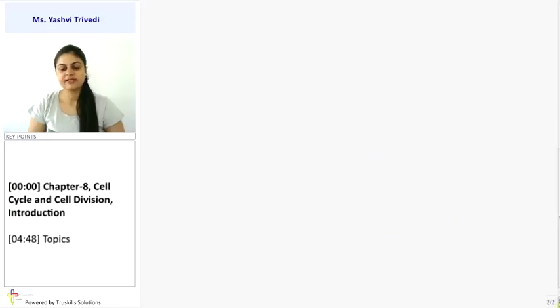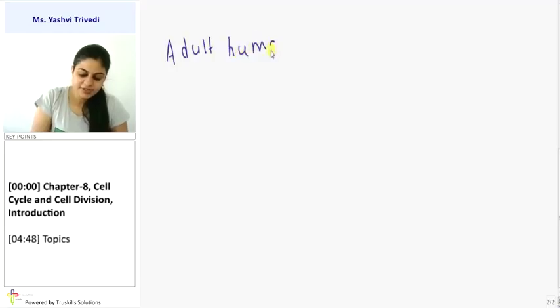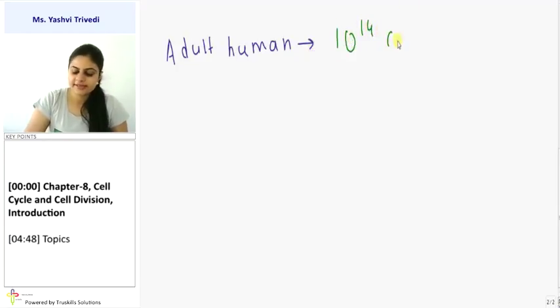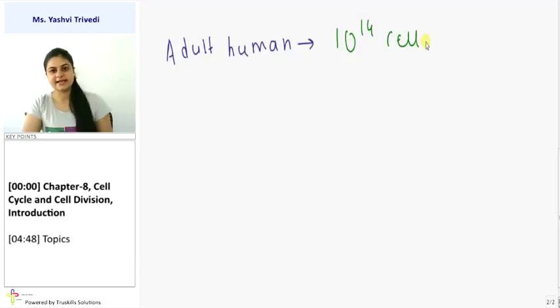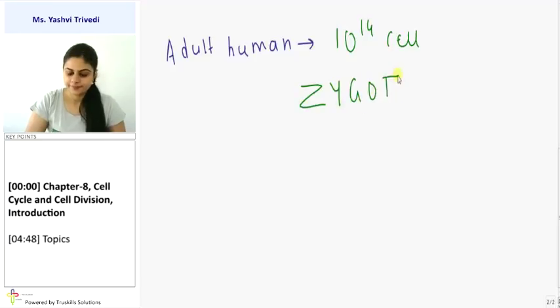Now if we see an adult human and count the number of cells they have, almost 10 raised to 14 cells are there. This process starts from a single cell, which is the zygote.